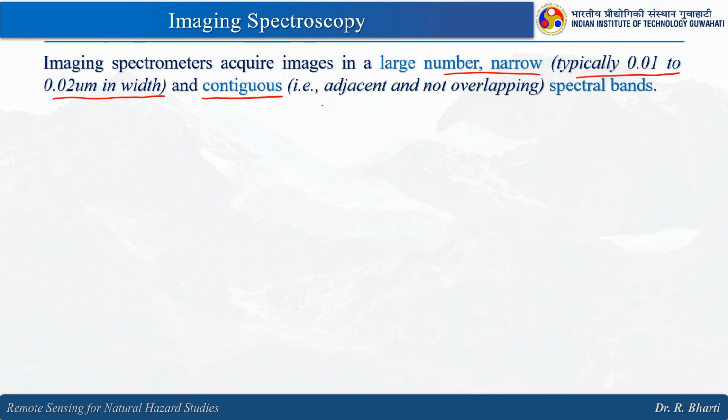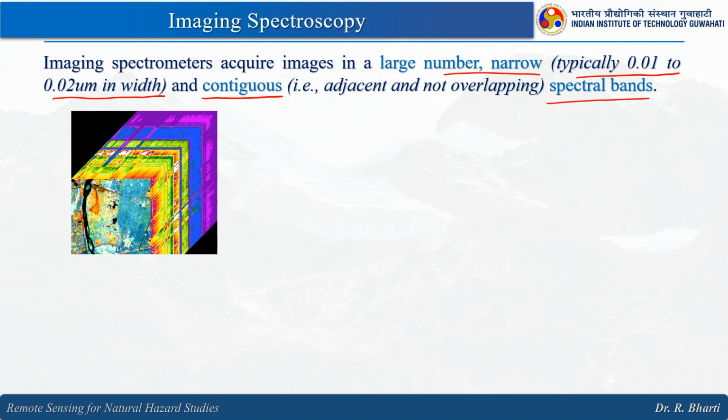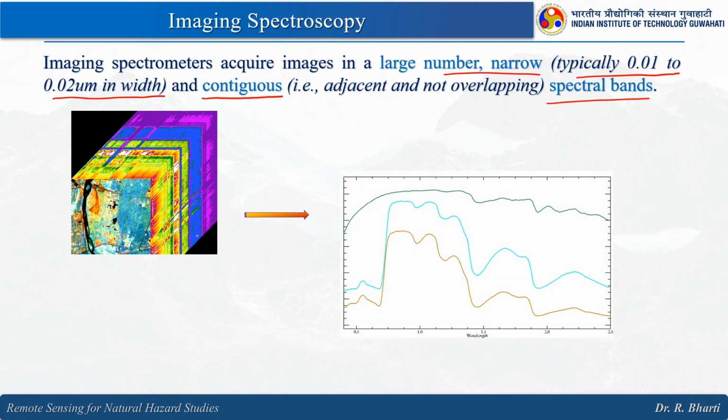When you have this kind of measurement, we call it hyperspectral remote sensing or imaging spectroscopy; both are the same. Here we generate these bands, and for each pixel you have this kind of measurement, and the characteristic absorption features are studied, and we call it material X, Y or Z. This is very important.